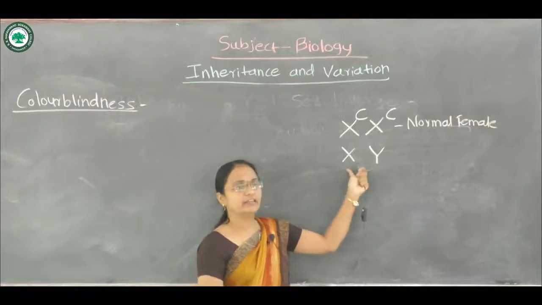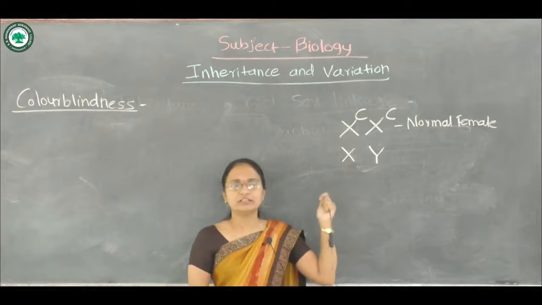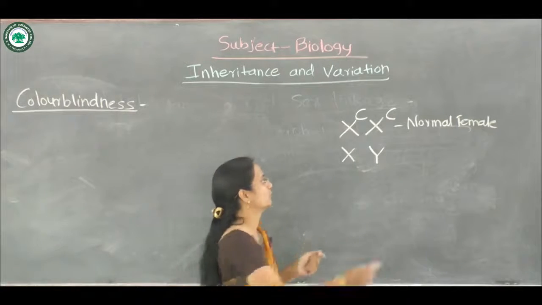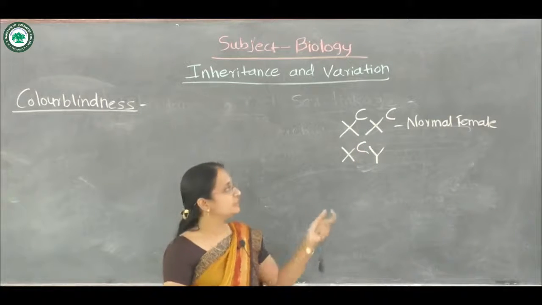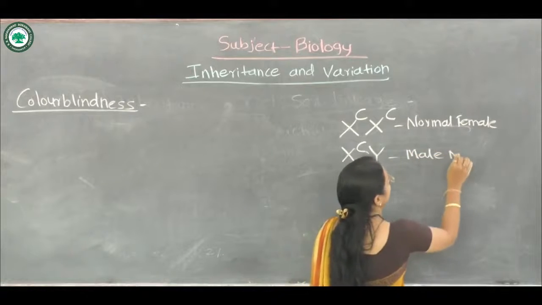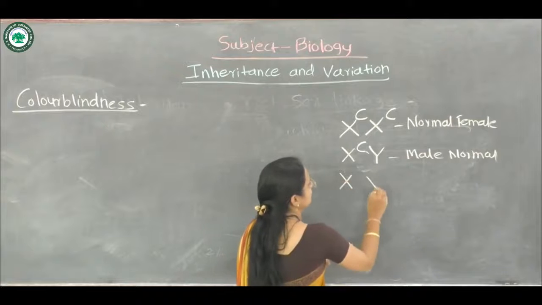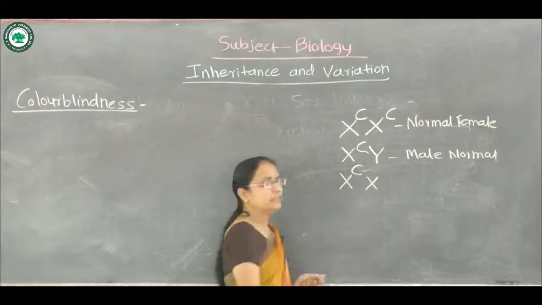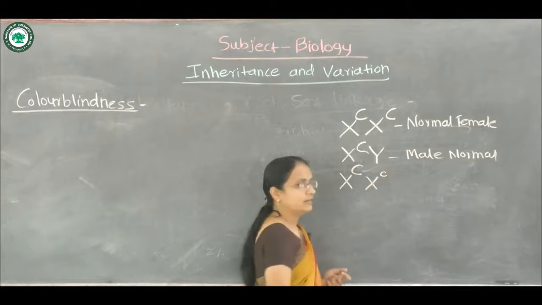X-linked inheritance shows that the genes responsible for that disorder are related to the X chromosome. Suppose the dominant gene is present on the Y, at that time this male is also normal.